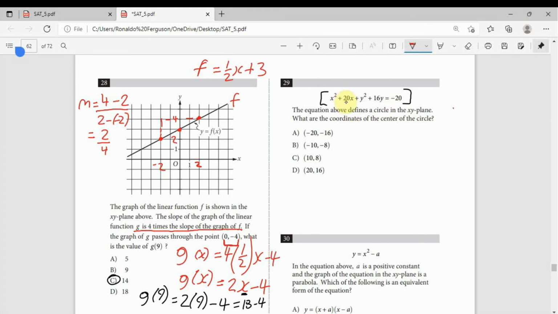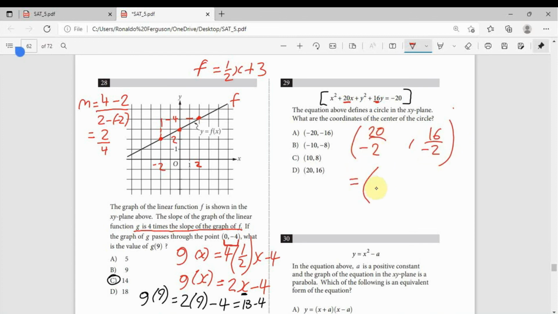The result is the center of the circle. So you have 20 as the coefficient of x here, and the coefficient of the y term is 16. So divide the 20 by -2 and divide the 16 by -2, and that will be the coordinate of the center of the circle.